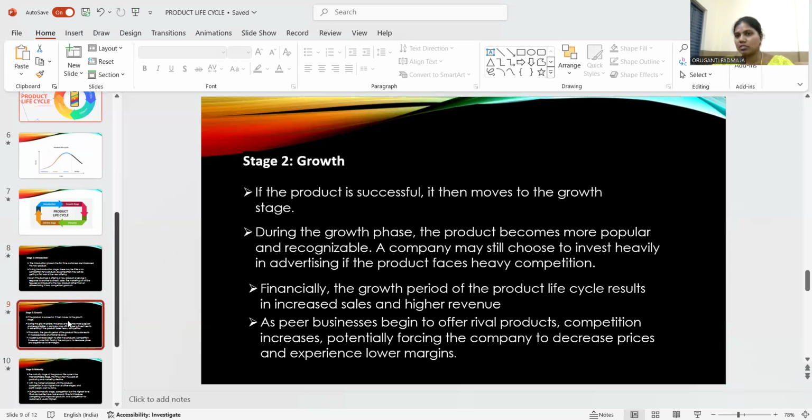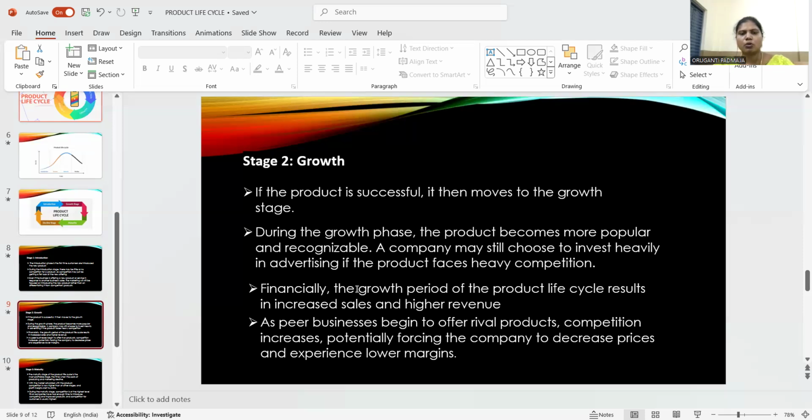Stage two is called the growth stage. If the product is successful, it then moves to the growth stage. During the growth phase, the product becomes more popular and recognizable. A company may still choose to invest heavily in advertising if the product faces heavy competition.